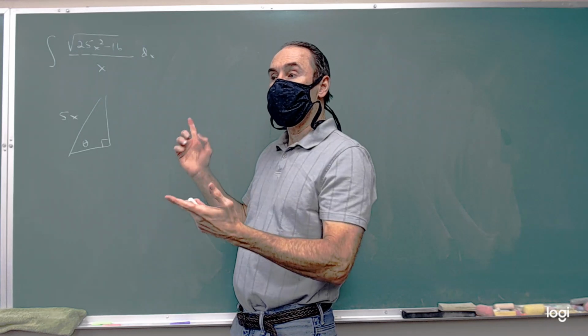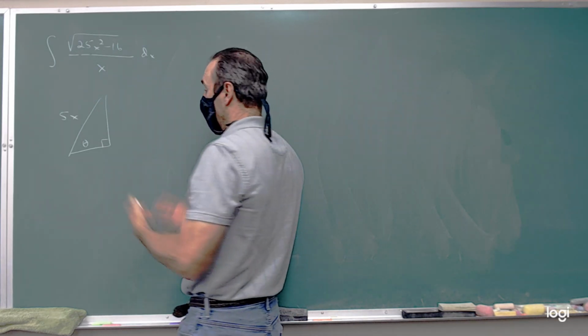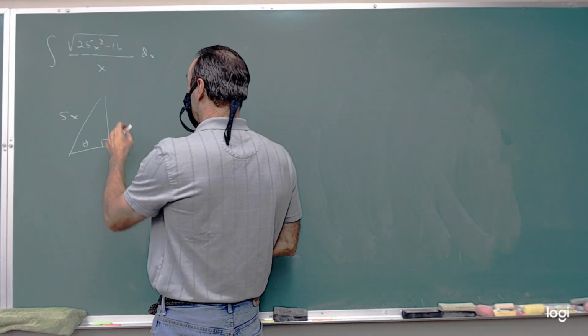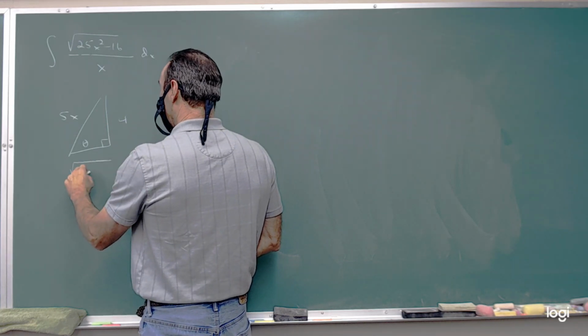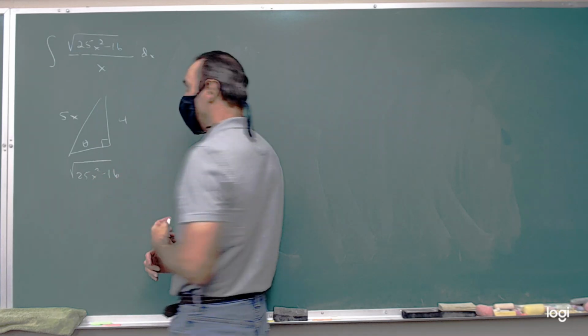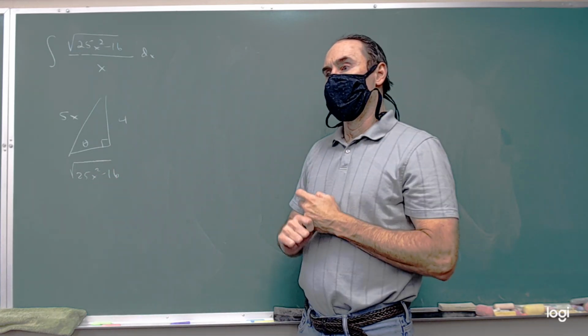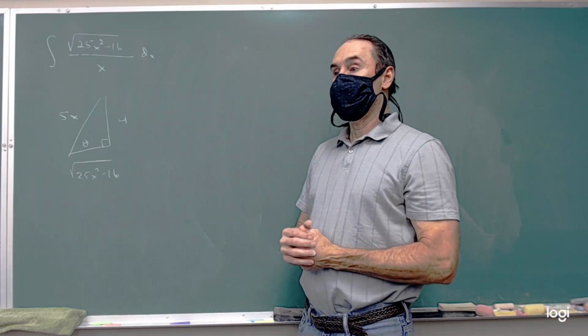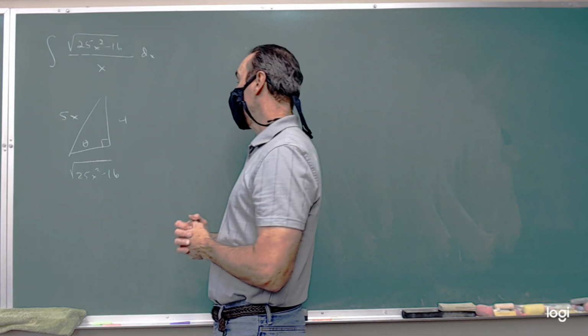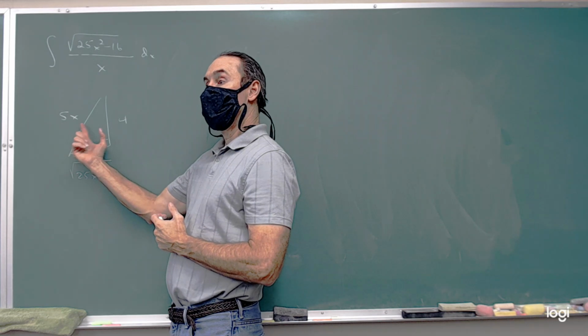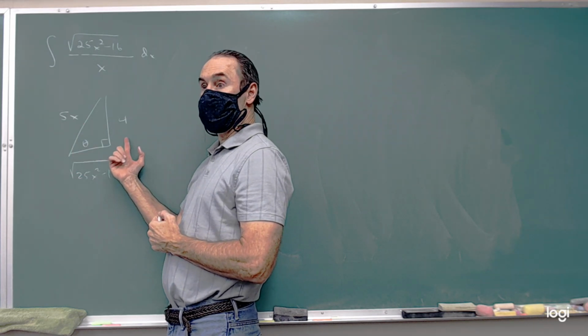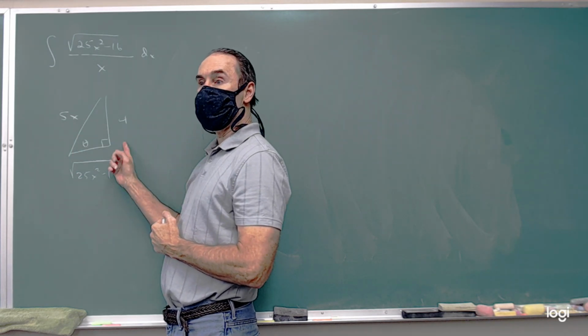And these are the ones that I don't always get right. So I don't know, but we'll check it out in a minute. I'm going to say, put the 4 here for now, and the square root of 25x squared minus 16 here. So if we try that, then to get x, we would have to connect the term with the x in it with the constant. So that's the opposite side in the hypotenuse.